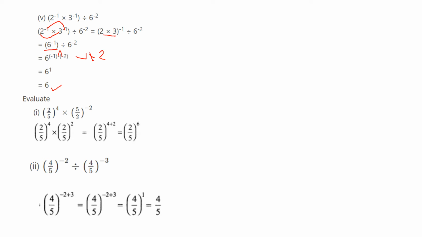Next, 2 by 5 whole to the power 4 into 5 by 2 whole to the power minus 2. So first as it is you write it. Second one, 5 by 2 whole to the power minus 2, 1 by 5 by 2 whole square means the reciprocal of this number. So that reciprocal is 2 by 5 whole square.